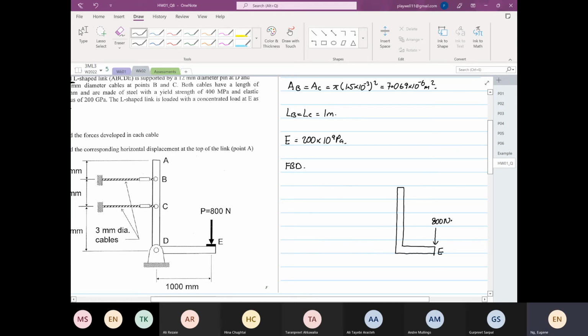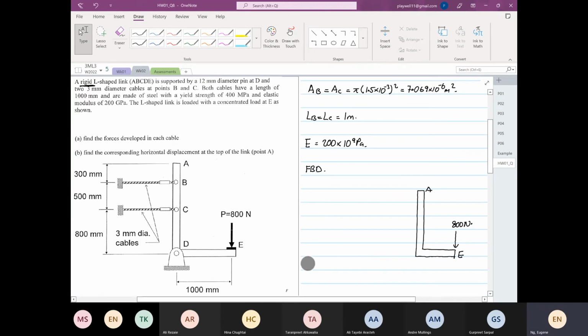Then we have point A, point B, point C, and point D. At point D, we realize that it's a pin, so this is your Dy, and I'm just assuming this is my Dx.